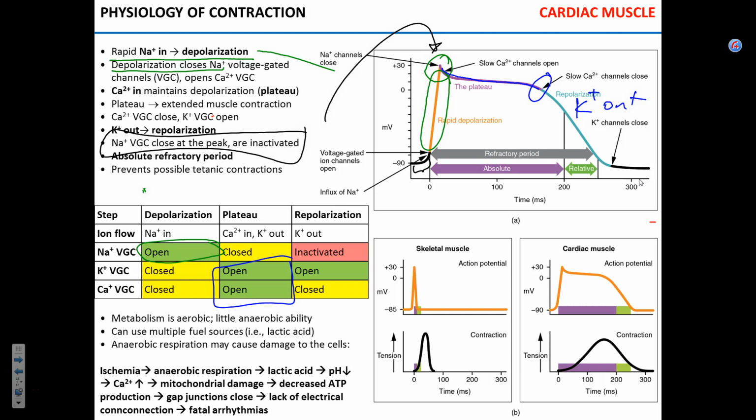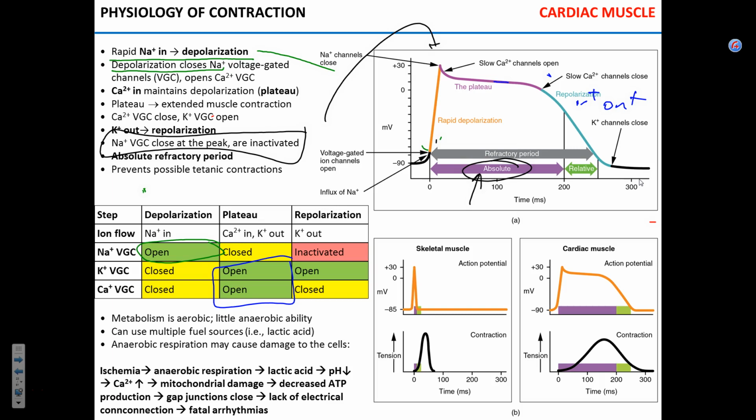Is that understood? Nothing can open them. And that shutdown, marked by the purple arrow here, is the time when not another single impulse can initiate another contraction. We call it an absolute refractory period.